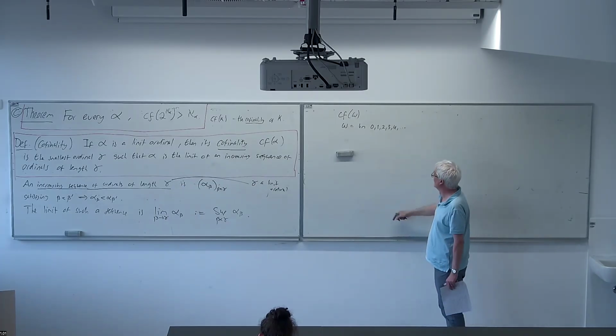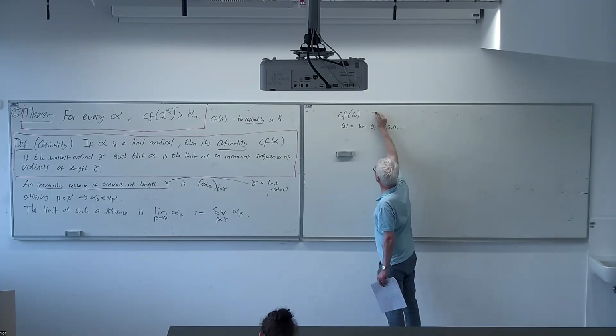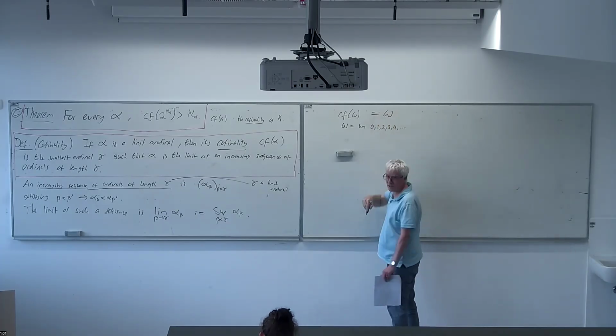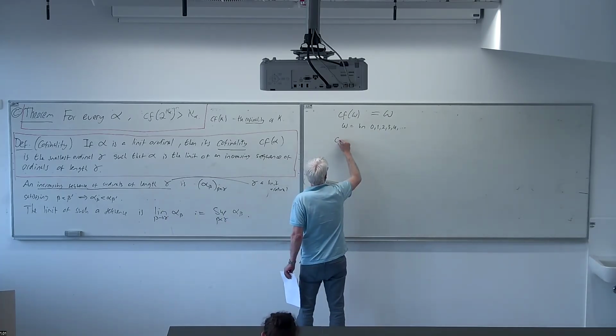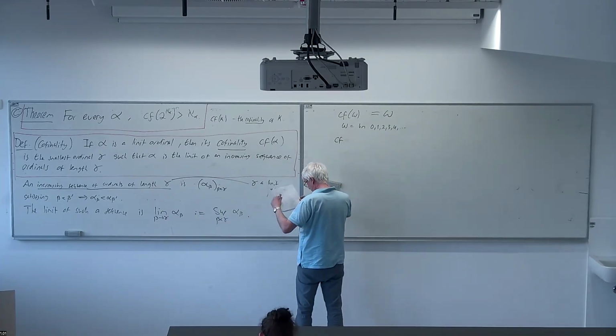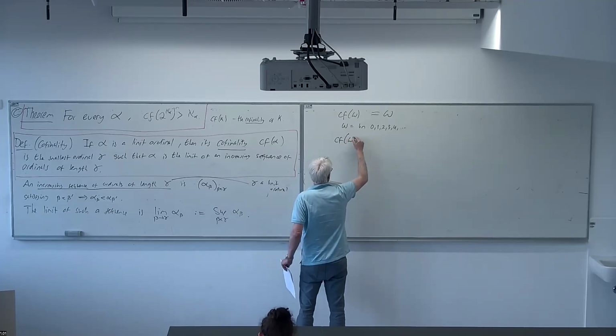So the shortest length of sequence of smaller ordinals that gets us to omega is length omega, so the cofinality of omega is omega. Okay. What about the cofinality of, say, omega squared?